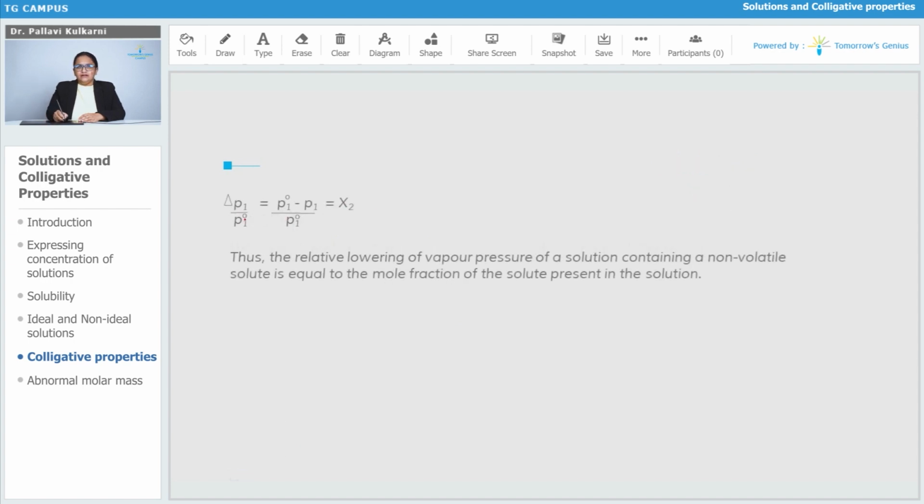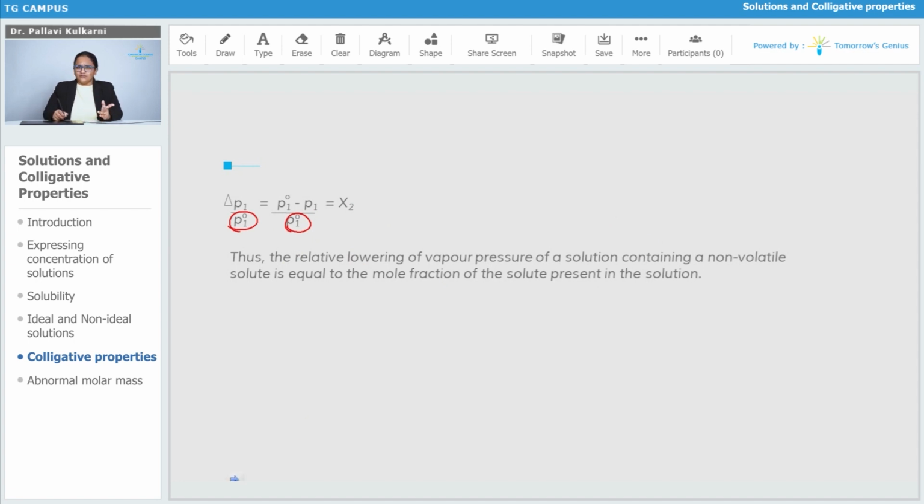Now I have told you already, it is relative to the pure vapor pressure. So I will divide both sides of the equation by the pure vapor pressure. After dividing, it comes out to be equal to X2, the mole fraction of the solute particles.